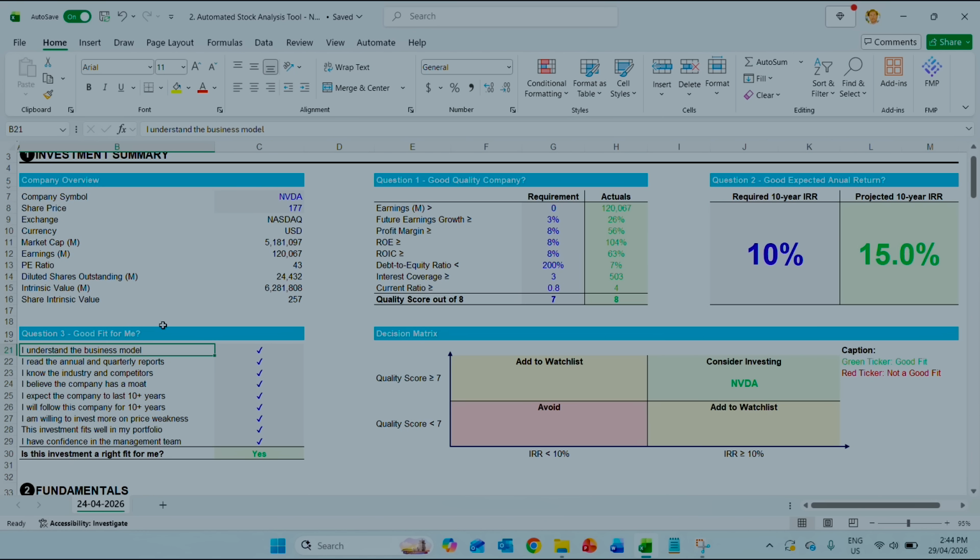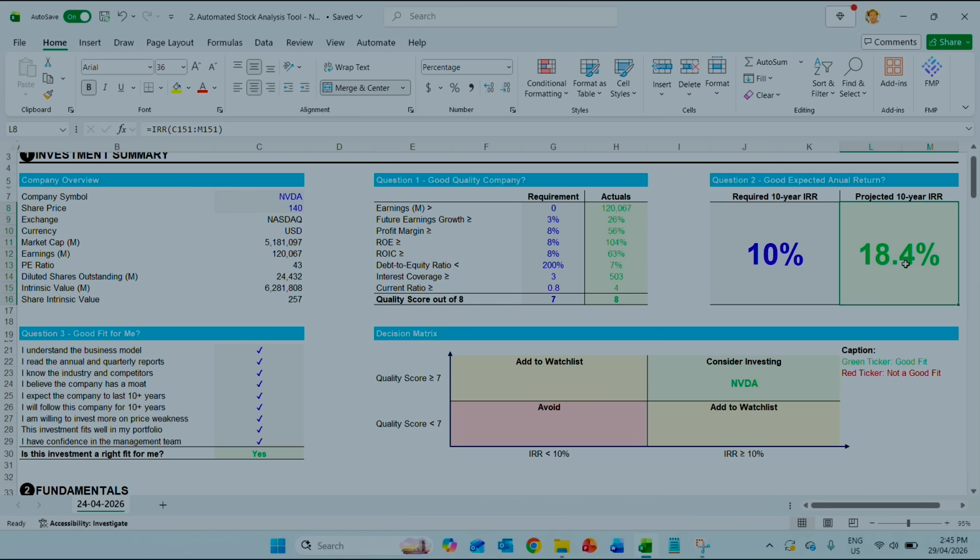Let's say, for example, that here we have an expected annual return of 15% at $177. Now let's say that the share price drops from 177 to 140. Well, you should be extremely happy about it, because all of a sudden you have an annual return over the next 10 years, not of 15%, but of 18.4%.